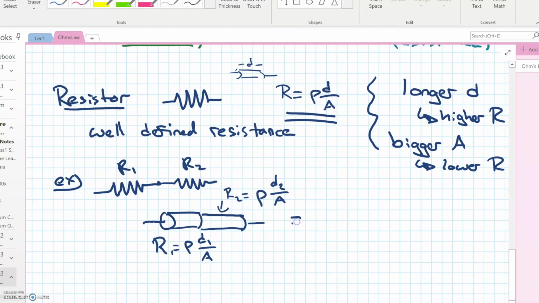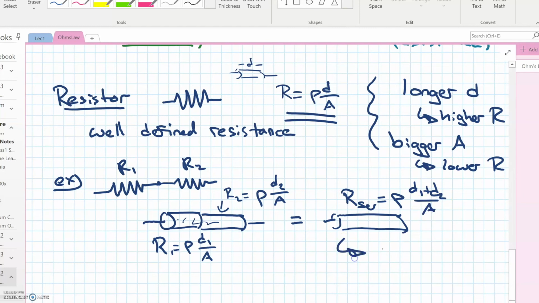And this is going to be equivalent to some other R. We'll call it R series, because this is what we call putting things in series. It is going to be equal to rho times d1 plus d2 over A. But by simply expanding this, we see that R series is equal to rho d1 over A plus rho d2 over A, right?